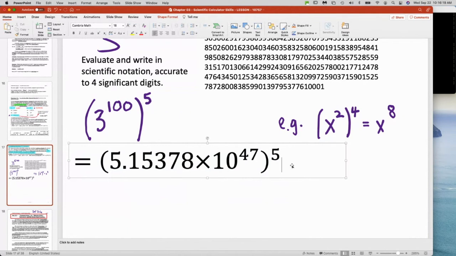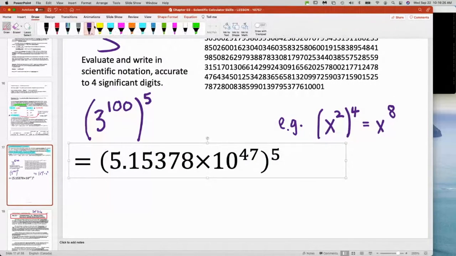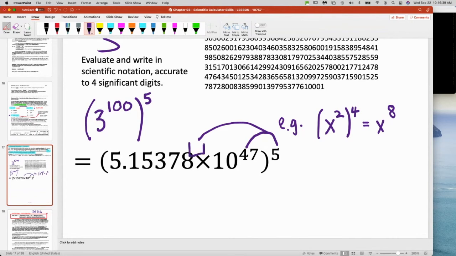Now, the key to this question is to somehow get the 5 distributed over here. So we're going to do 5 times 47, and we're also going to do 5 times, oh, wait a second. What exponent do we understand to be there? If there's no exponent, thank you, Matthew, we understand that there's a 1 there. Beautiful work, everybody.